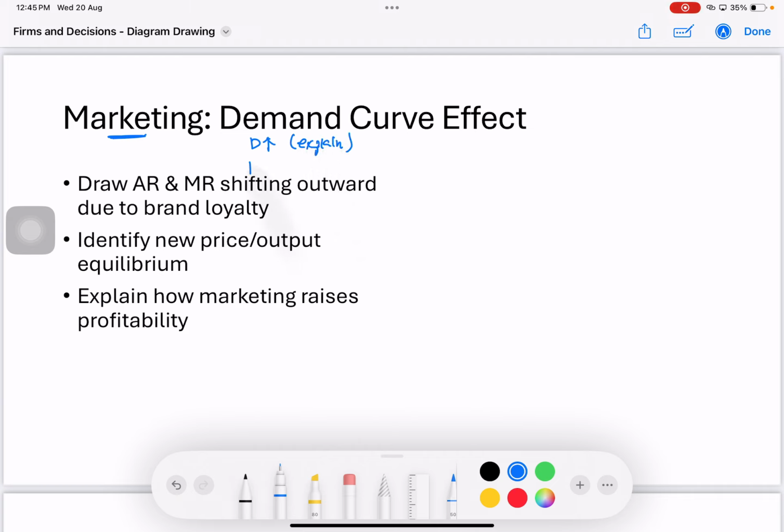If you say that the PED value reduces, you also have to explain. So your job is to connect this to the changes here. Okay? Your job is to make a logical explanation of the strategy here and how it changes this line.